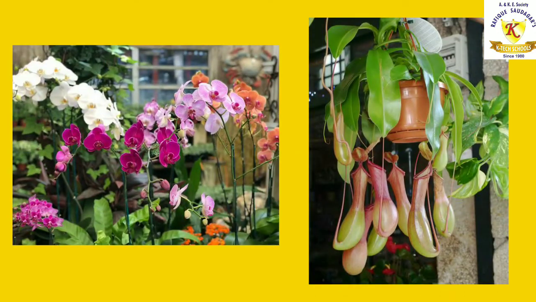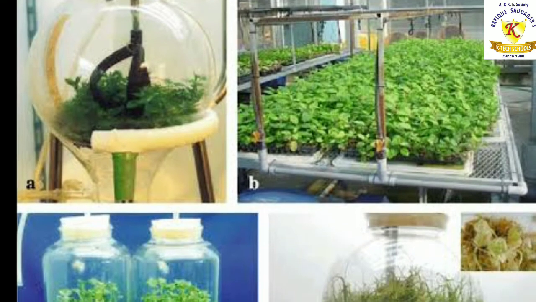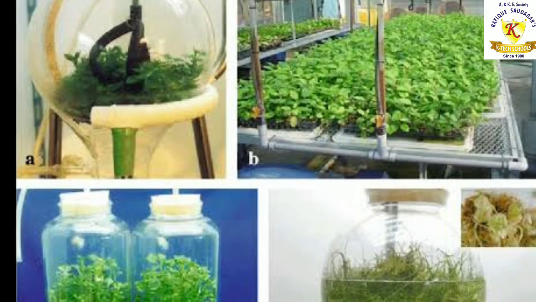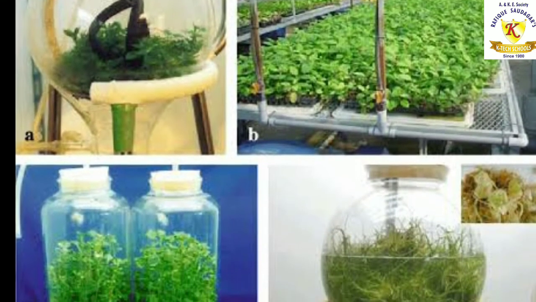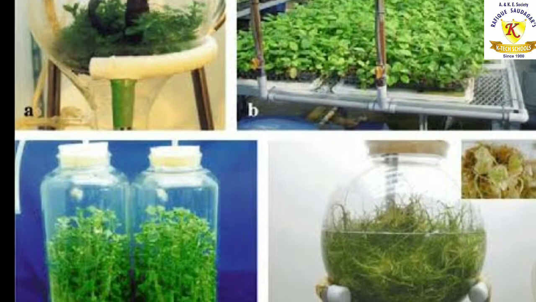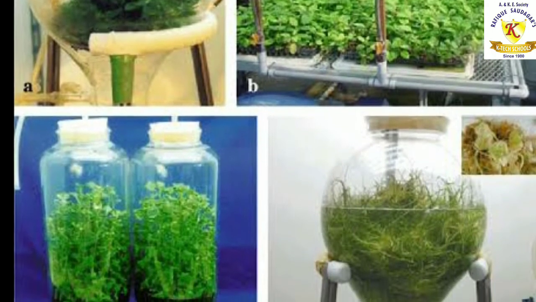For example, orchids or pitcher plant do not germinate, but these plants can easily be produced by means of tissue culture techniques. Next, in a bioreactor, cells can be grown in a more nutritive medium and protected from pathogens.